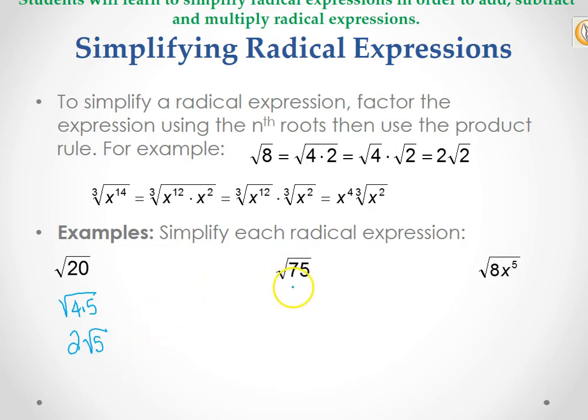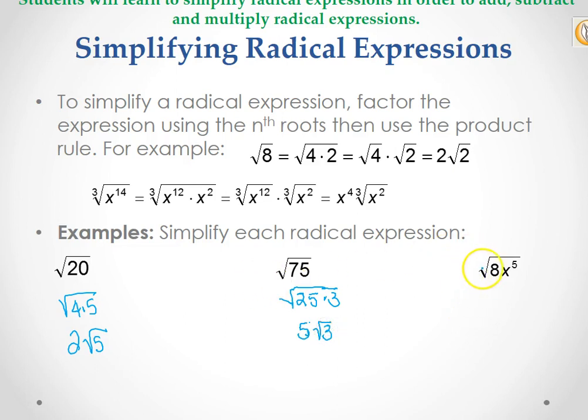The square root of 75, that's the square root of 25 times 3. The square root of 25 is 5, and we don't have a nice pretty number for the square root of 3, so we have 5 square roots of 3.